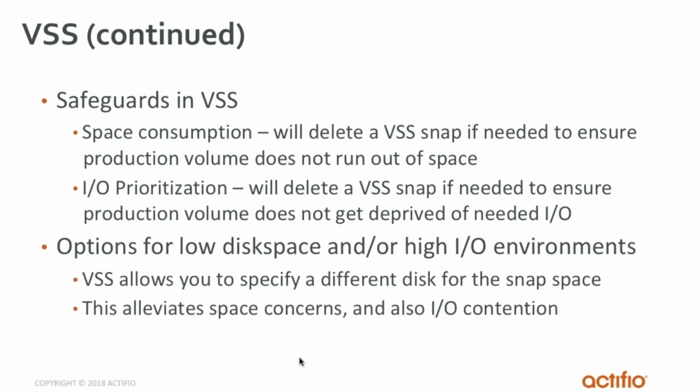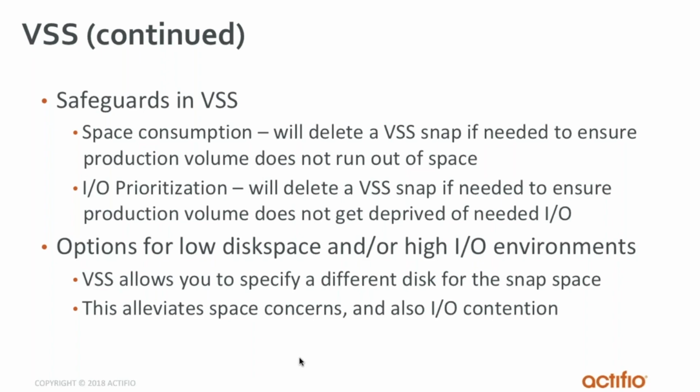So how do you get around these problems? Easy. Being Microsoft, they also give you the ability to pick what disk should be used to hold the snapshot deltas. And it doesn't have to be the same one as the source disk. So you can either allocate a new disk or pick a disk that has space. You do want it to have similar performance characteristics to the production disk because it's going to be getting copies of data from production. But you can pick a different disk.